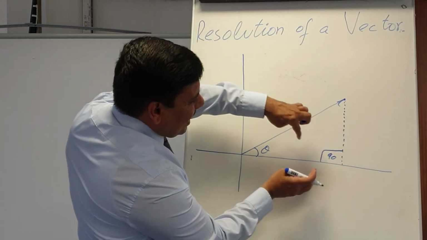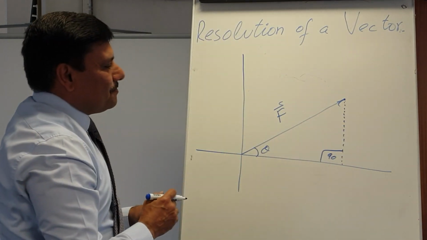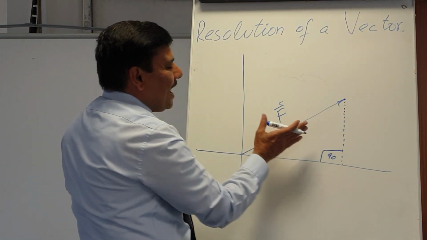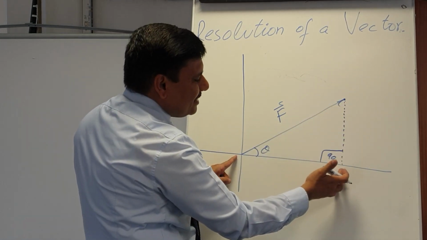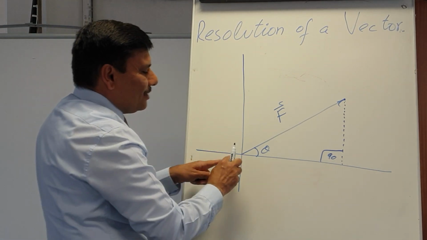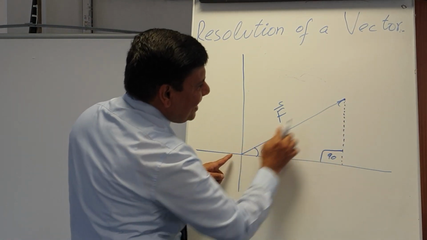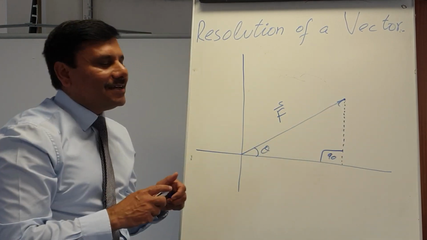So there should be a 90-degree angle between this line and the x-axis. So actually I have divided this side into two sides which have an angle of 90 between them. And now it is very obvious that it is a right angle triangle because one angle of this triangle is 90 degrees.